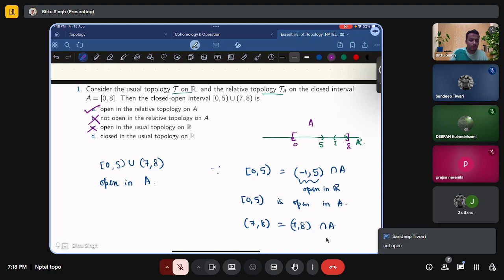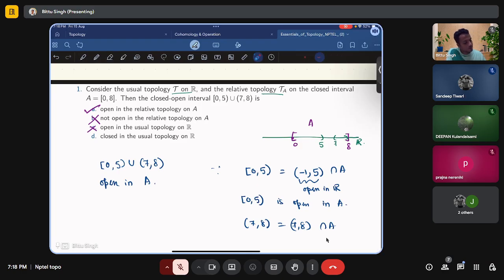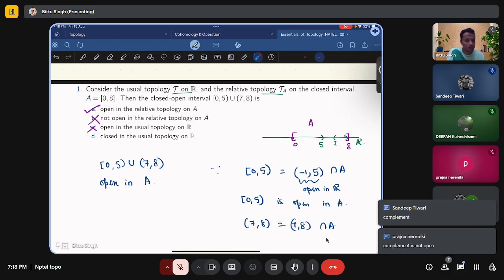Because some limit points are not there. For example, 5 is not there. Though 5 is a limit point, it does not belong to the set A. Closed means it contains all the limit points. Yes, you can also think in this way that the complement is not open.